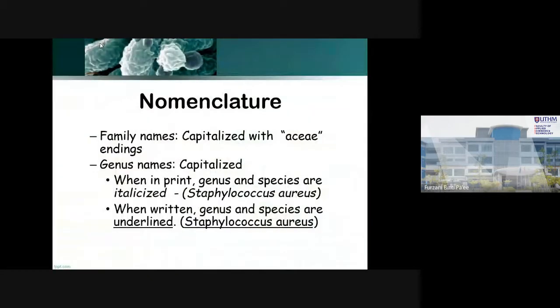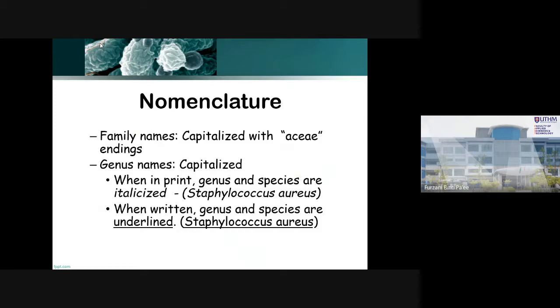I believe that you are by now familiar with naming, or the nomenclature, of bacteria. For bacteria, we have the genus and the species name. The family names for bacteria always end with -aceae. The genus name of the bacteria has to be capitalized.